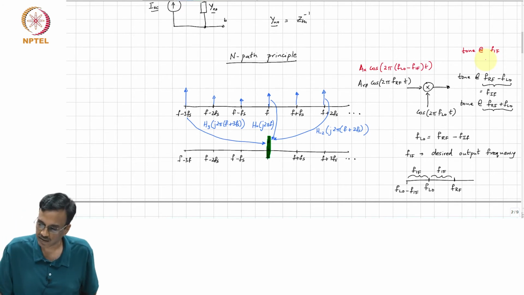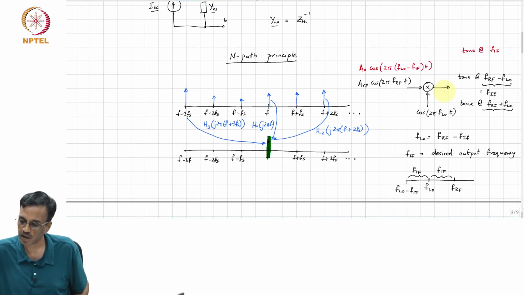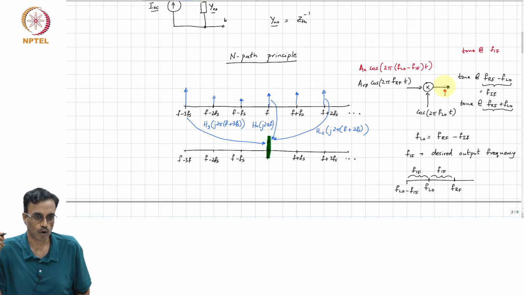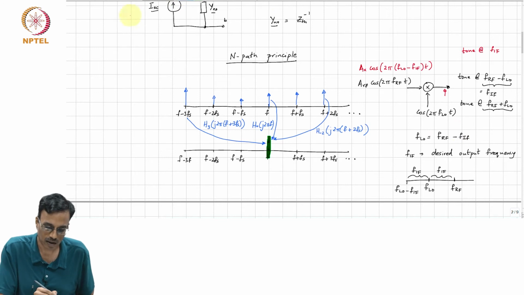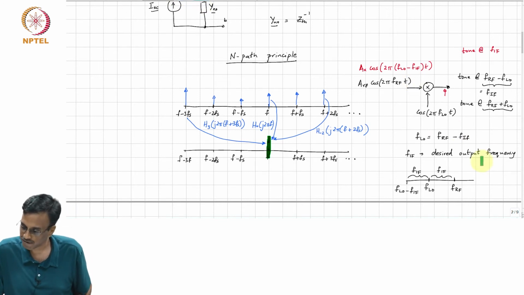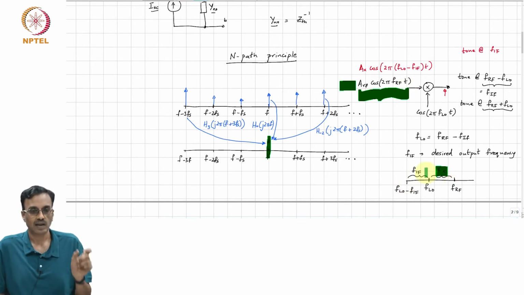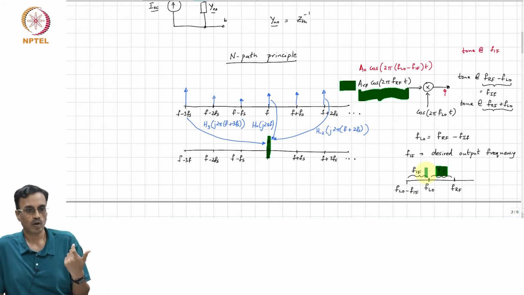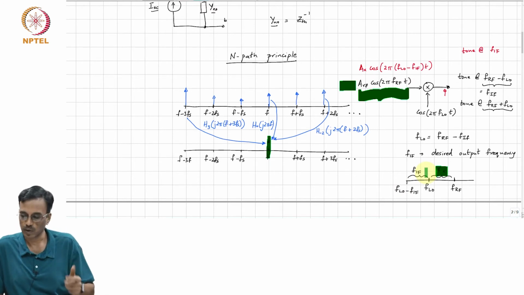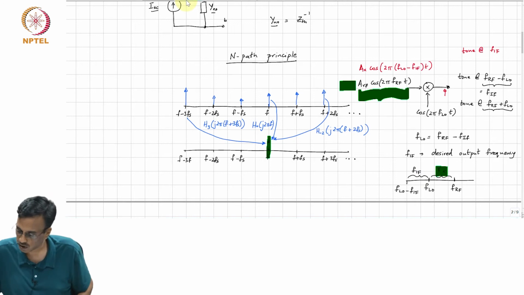But the key point is that if you look at the output of the mixer, and you see a tone at fIF, all right, one is not sure whether the tone is coming because of an input at fRF or at a frequency which is fIF below the local oscillator frequency. So, there is a term for this.